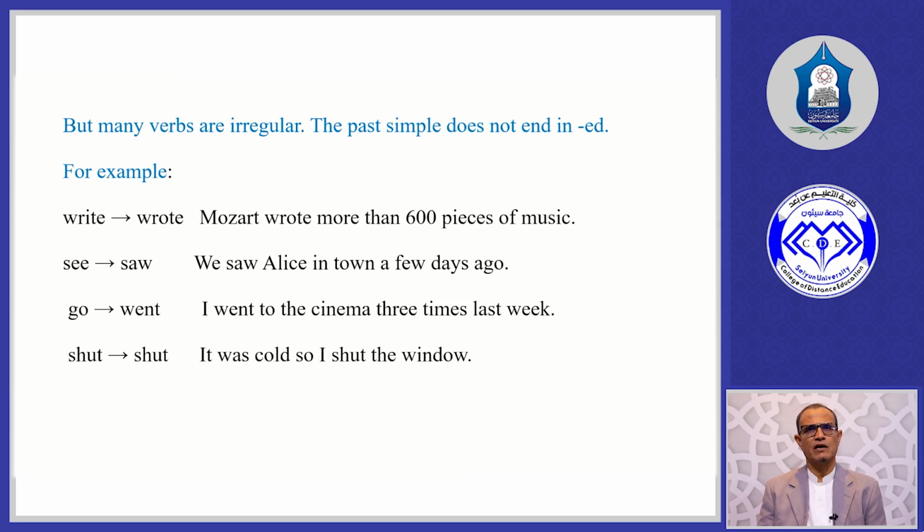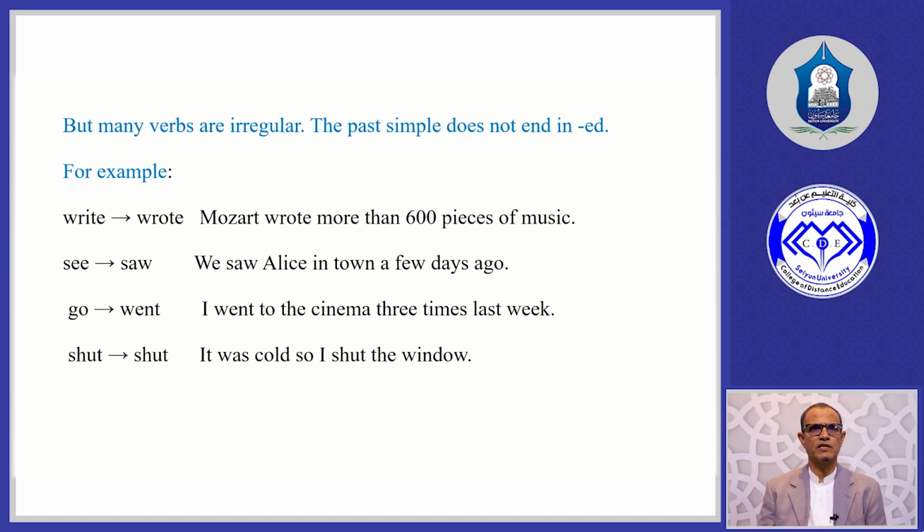For example: write, wrote; see, saw; go, went; shut; come, came; run, ran; speak, spoke; eat, ate. All these verbs are irregular because their past is not formed by adding ed. So we have to memorize their past form.